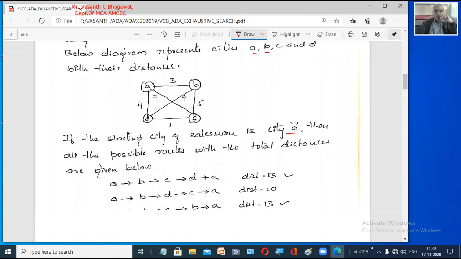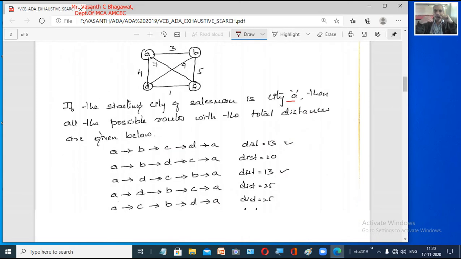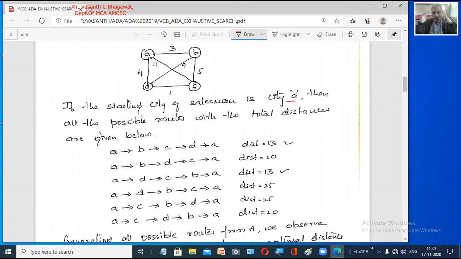So now we will write all the possible routes. We will do the searching here, that is exhaustive search. What it says is: get all the possible solutions. First make a list of all possible routes available for him, then find the optimal solution. So what is the optimal solution here?